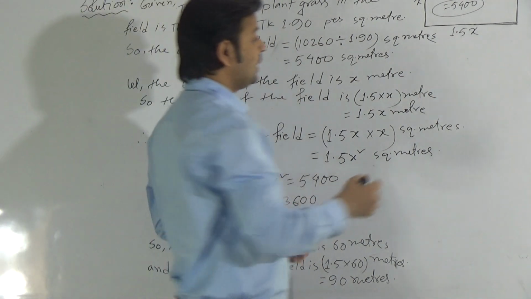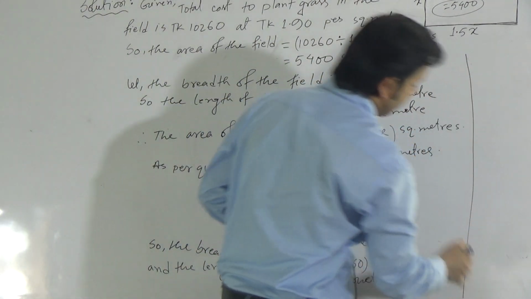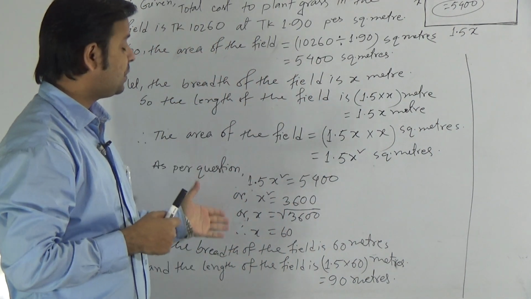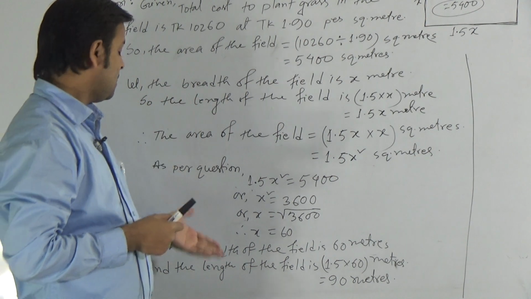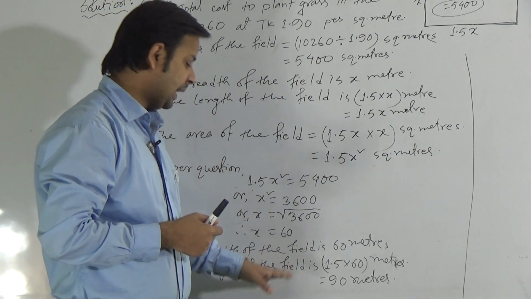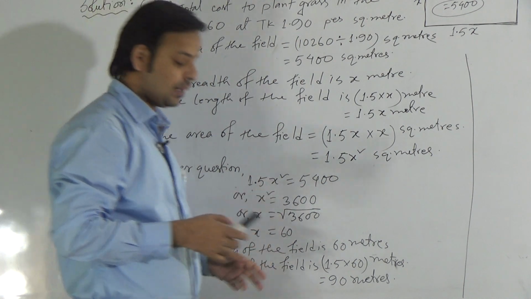Okay, to find the total cost for erecting the fence around the field, we need to determine the perimeter of the field. As we know the length and breadth, we can determine the perimeter.